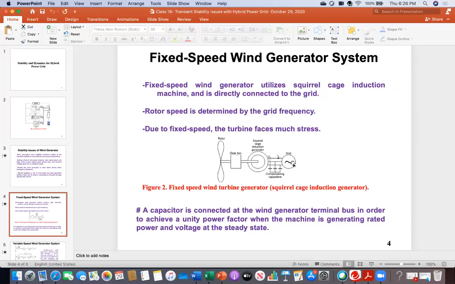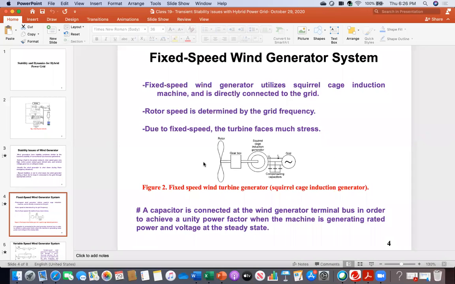Now, if there is any fault on the connected grid system, then this capacitor is not enough. You need STATCOM, SVC, or another type of capacitor bank. Those are different things. But this capacitor is needed at steady state when there is no disturbance.